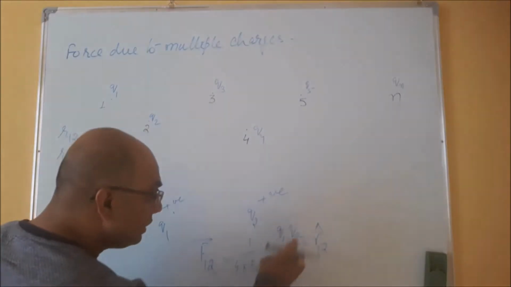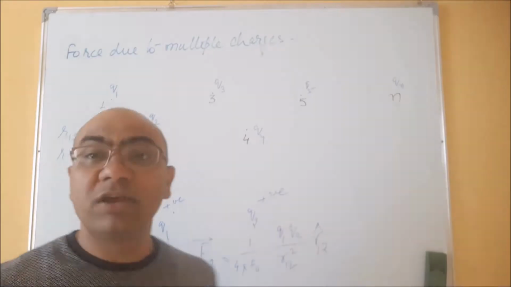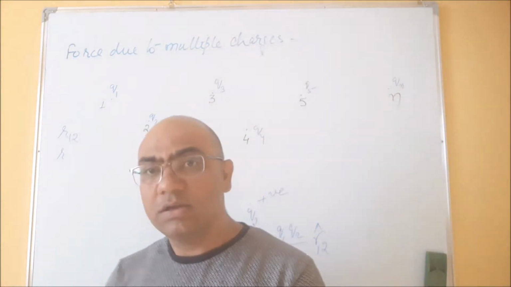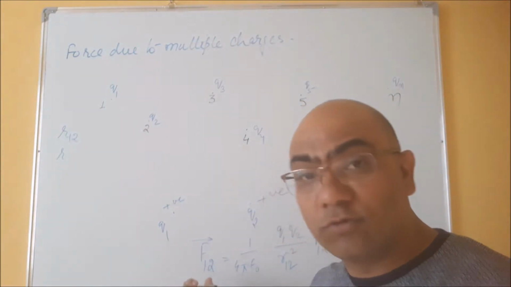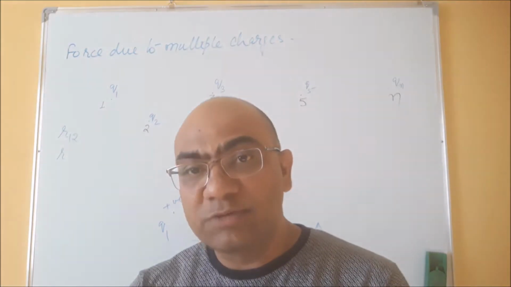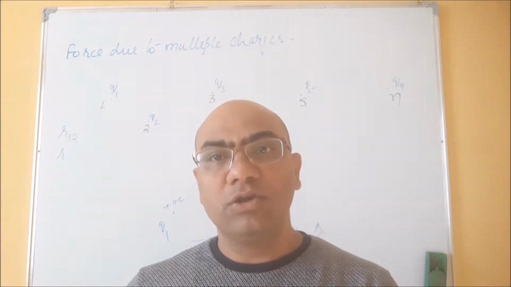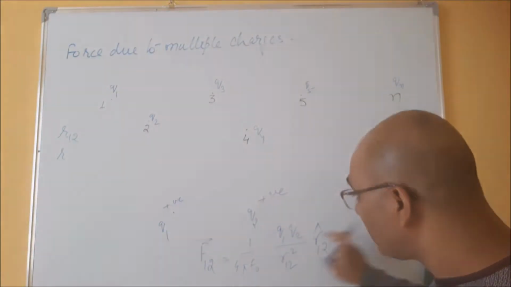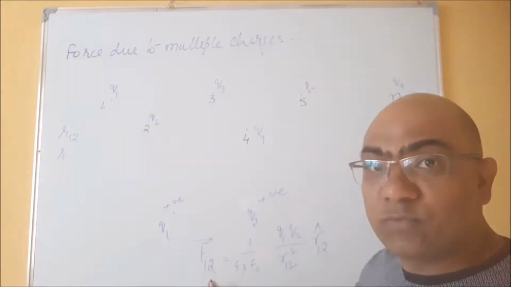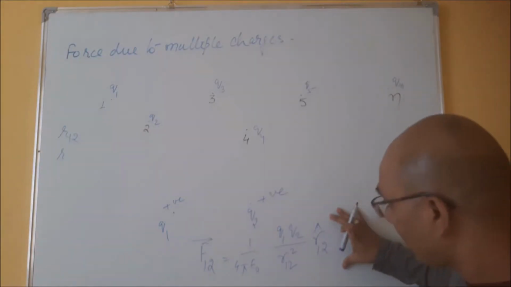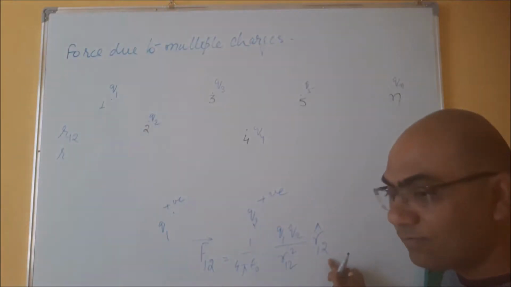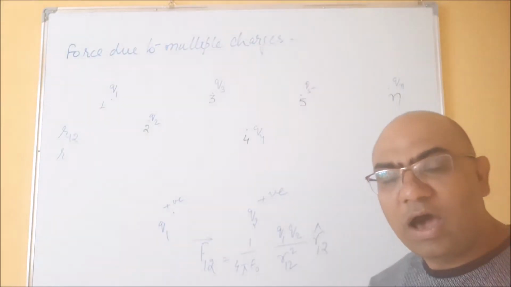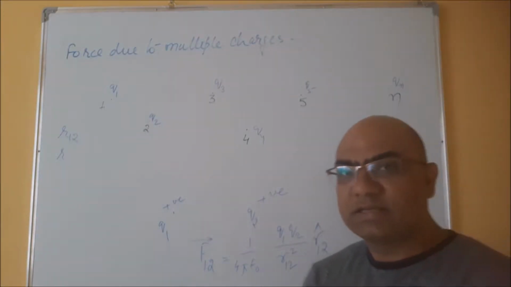The term I gave in your last lecture gives only the magnitude of the Coulomb force between charged particle q1 and q2. But since I also require the direction of this force, I have to write a direction, and the direction of force is this r12 cap.